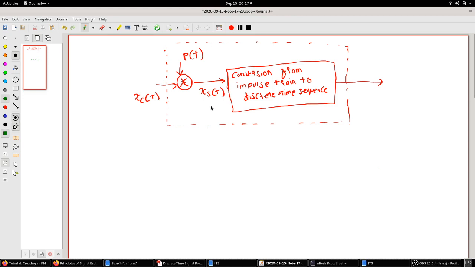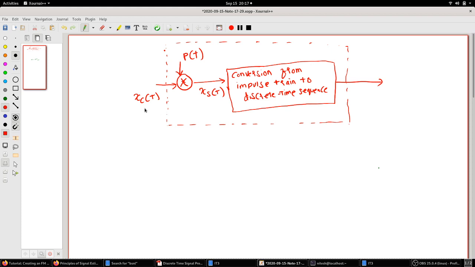So in short, what we have seen till now is xc of t, which is the input signal, and that input signal is going to be sampled. xc of t is going to be sampled by using an impulse train p of t.